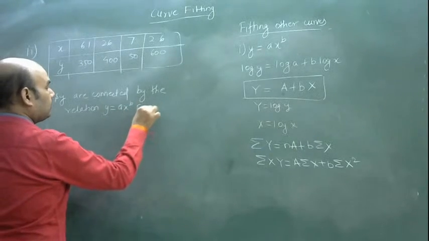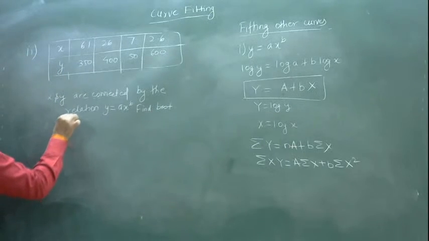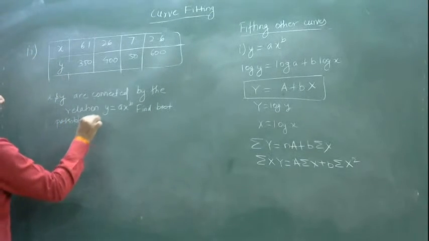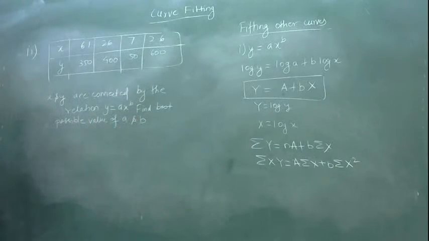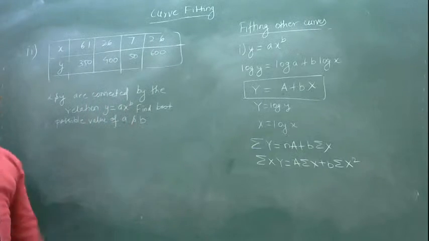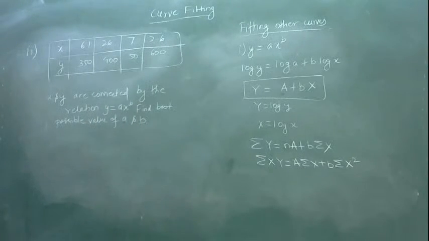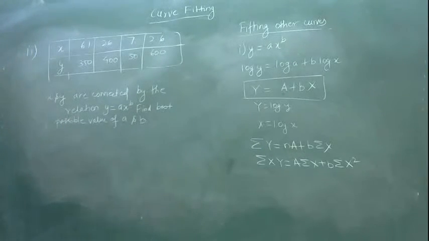Find the best possible values of a and b. So we have to find the best values of a and b. Again we have to prepare this table.